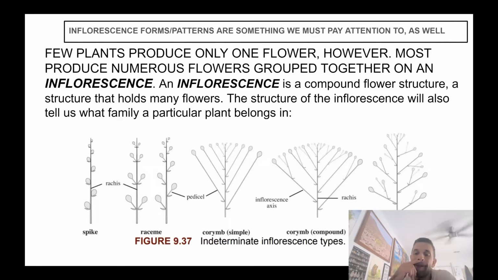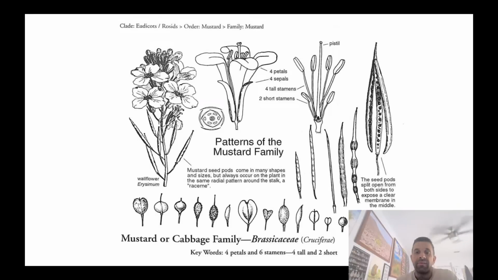So if you see a compound umbel, you know it's in the carrot family, or Araliaceae, the sister family to the carrot family, the English ivy family. Ginseng's in Araliaceae. It's got a very distinct inflorescence structure.